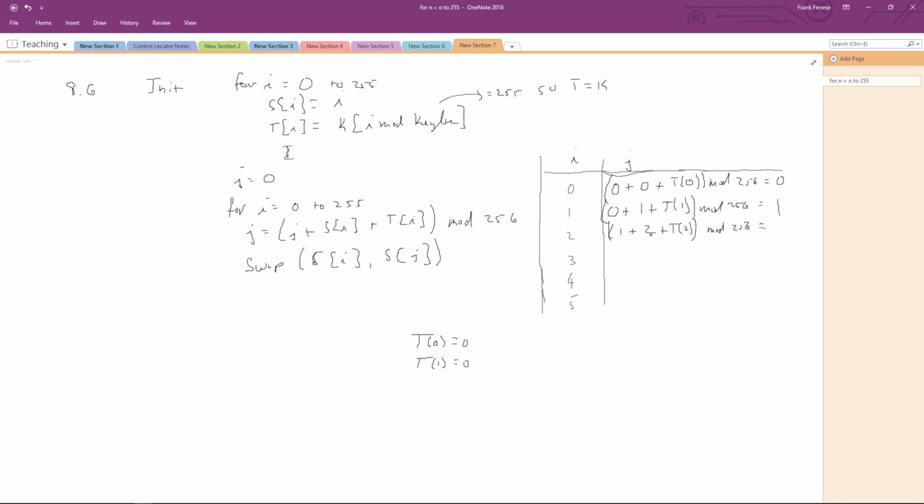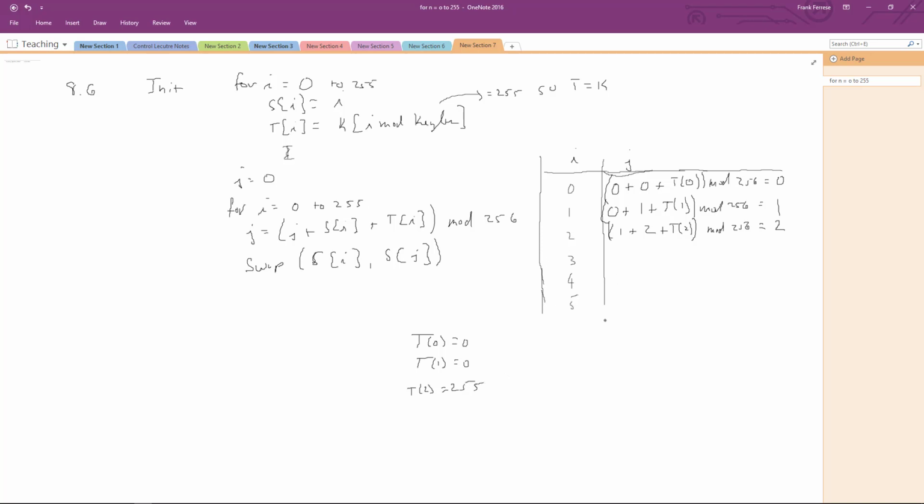So we have 1 plus 2 is 3, plus T2, mod 256, and we need it to equal 2. So how do we do that? Well, if we let T2 equal 255, then we have 255 plus 1 is 256, plus 2 is 258. 258 mod 256 is 2 if T2 is equal to 255.